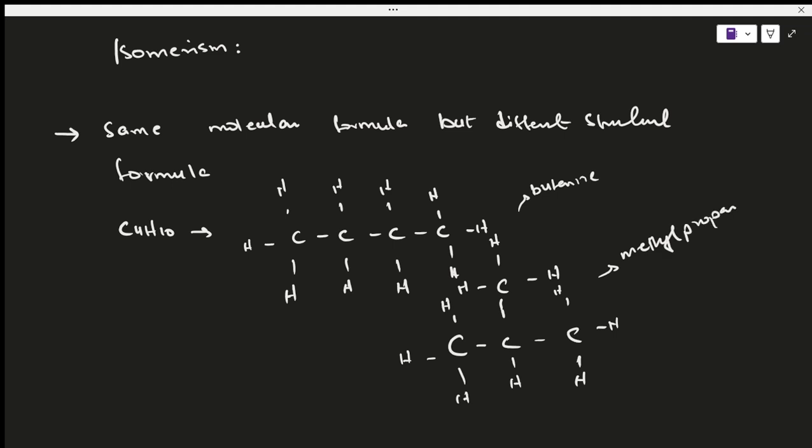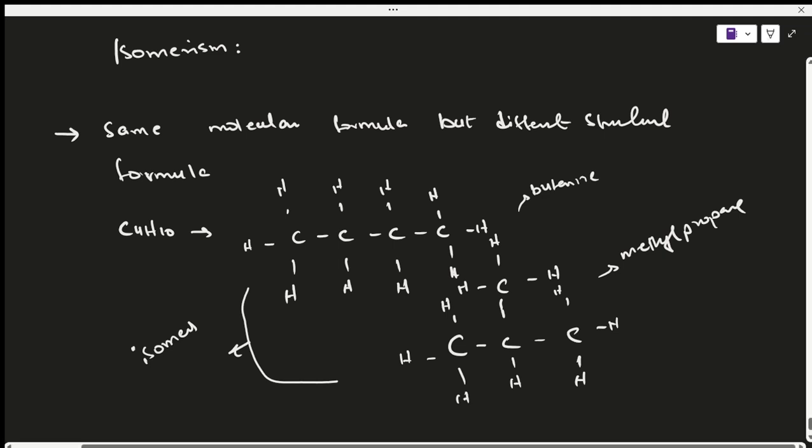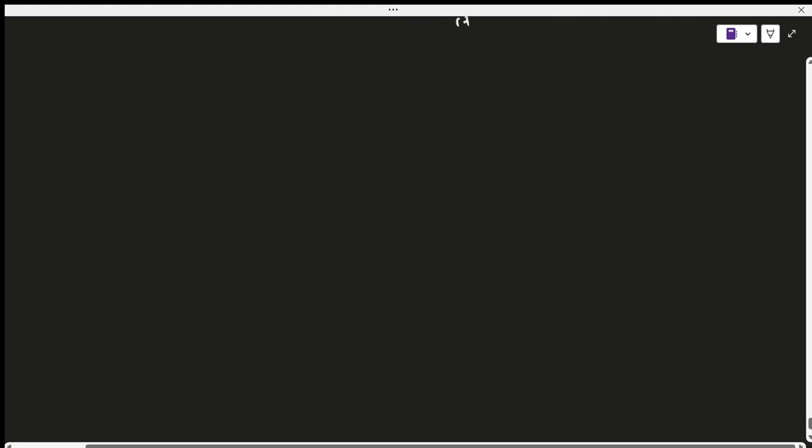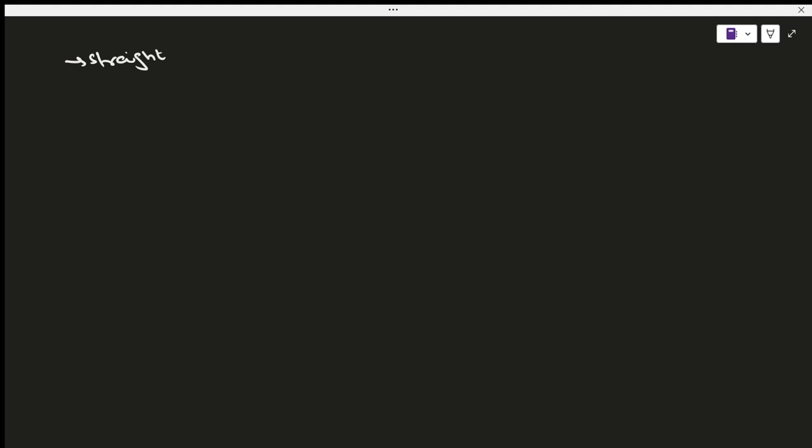Okay, so these two molecules are what? These two molecules are isomers. But we're talking about alkanes now. Let's dive into alkenes. Now for alkenes, if we take the same molecule, let's say we talk about butene, you need to know that in alkanes we only had single bonds, so we had only the straight chain isomers and the branch chain isomers.